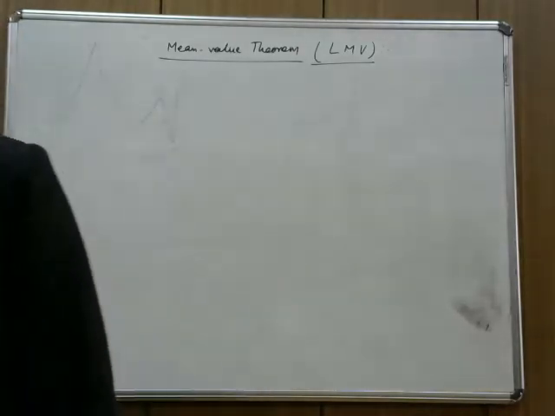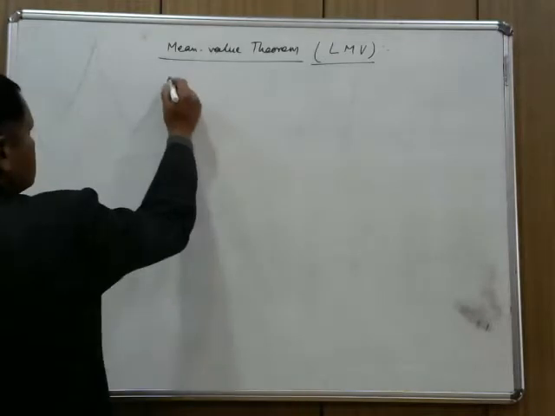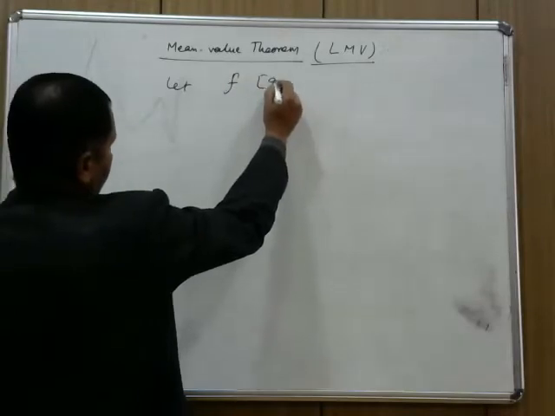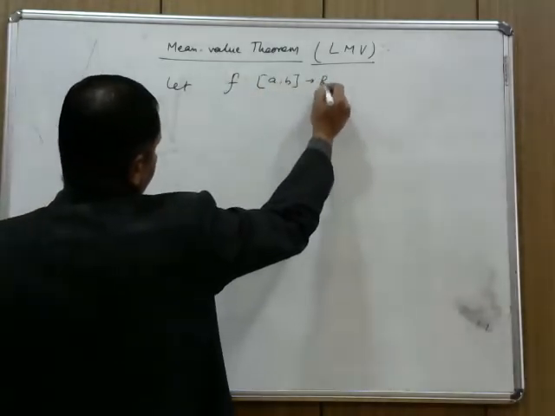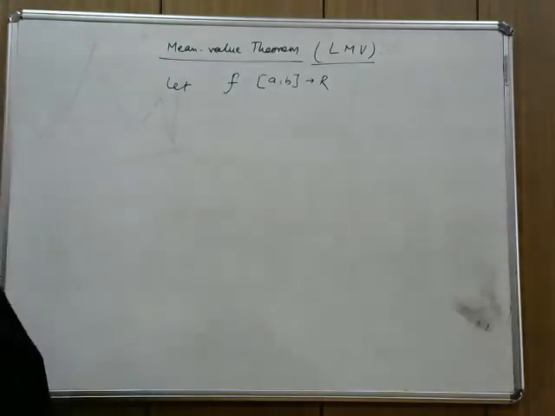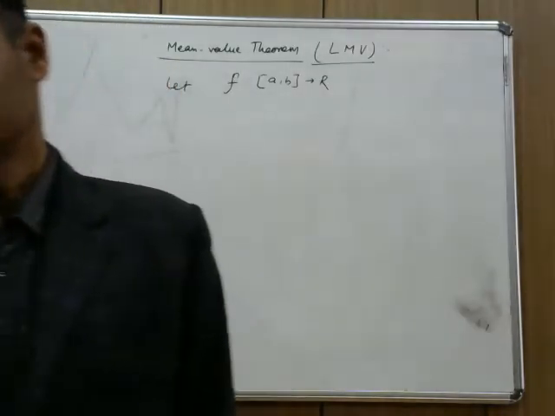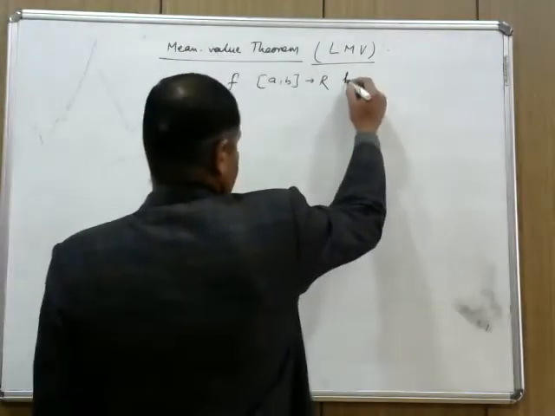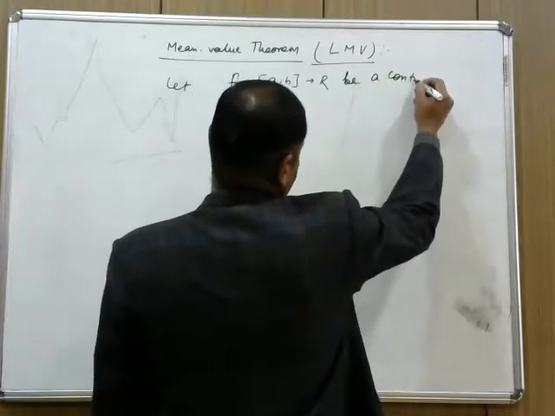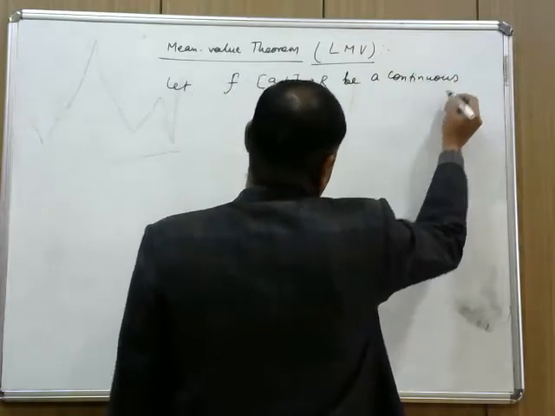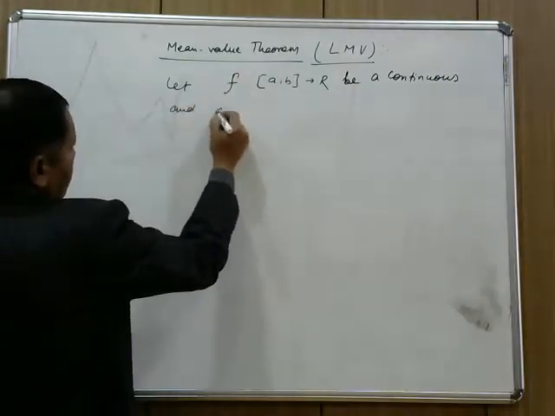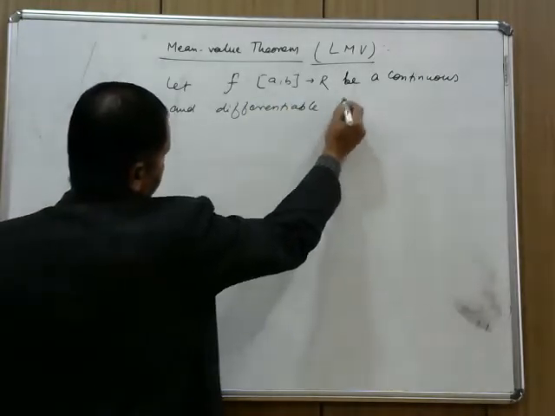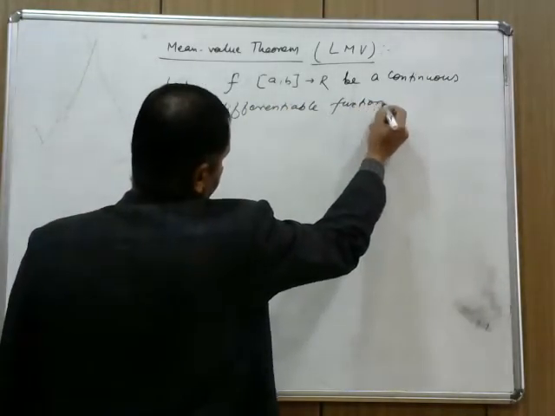Now, it is said, let f be a function from [a, b] to R, where [a, b] is the domain of the function and the range of the function is R, be a continuous and differentiable function.